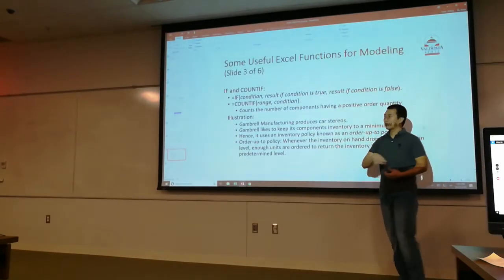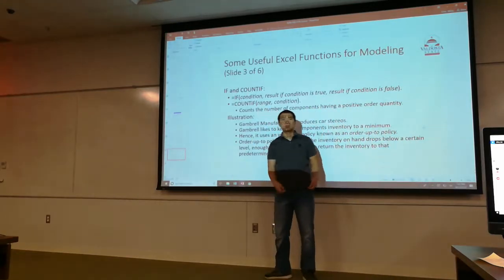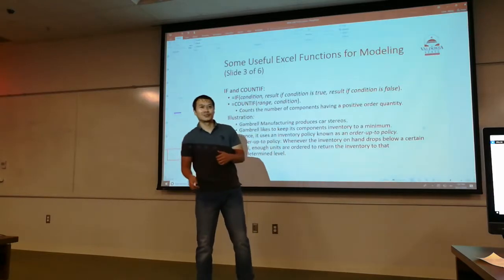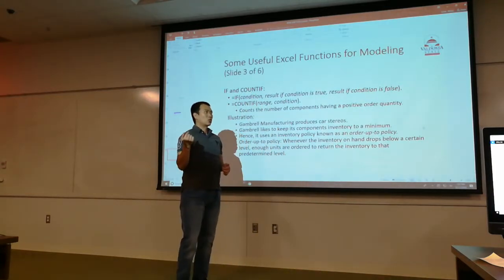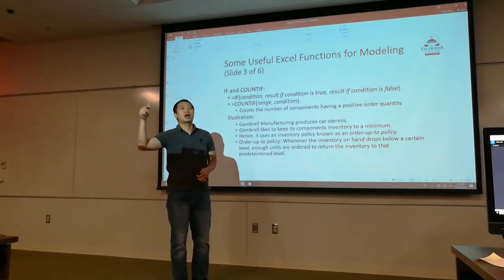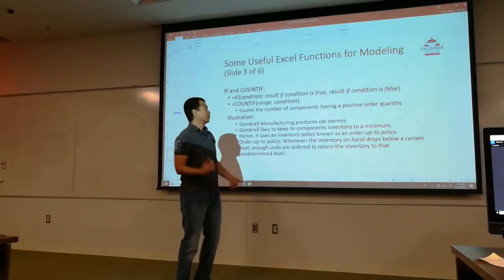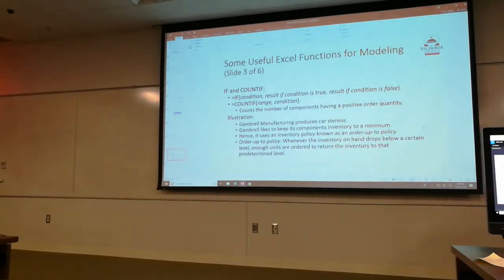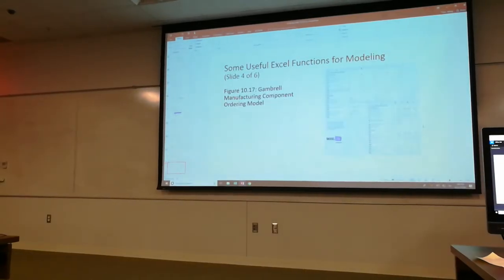Last class, we used the IF function to generate the values of the W variables. So if the quarter is equal to 1, the quarter 1 variable is equal to 1, otherwise it's equal to 0. And COUNTIF, we used that in the previous chapters, so we are going to skip those two.